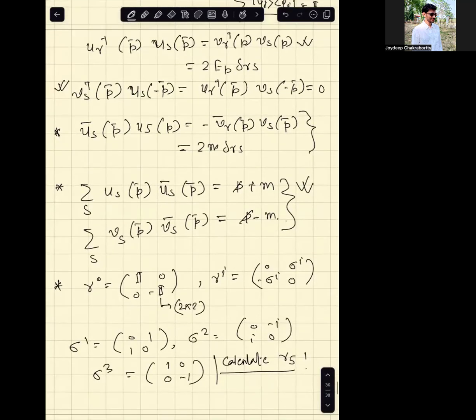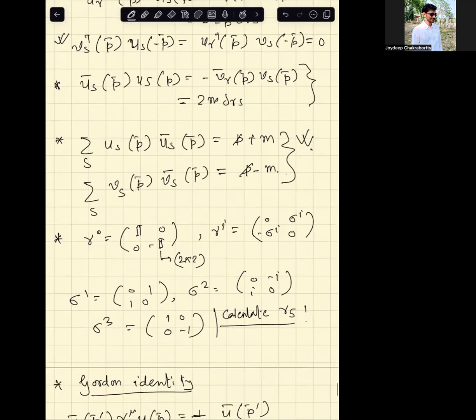And this structure that we have written here is nothing but the outer product of the spin states. So their combinations can possibly be used to project out something.